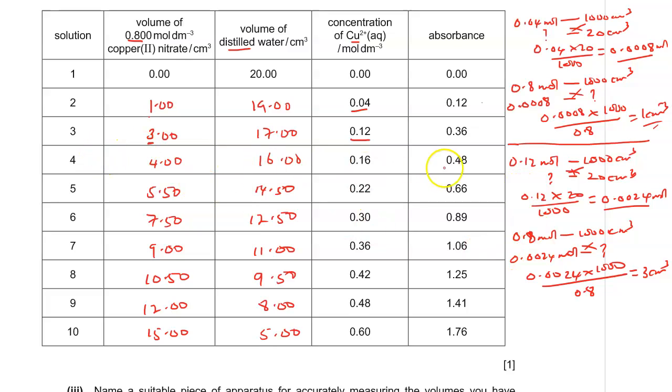Therefore, you work the rest in that way to be able to get the volume of the copper nitrate that is required. Once you get the volume of copper nitrate that is required, you only now subtract 20 minus this volume to get the volume of distilled water that needs to be added. And that's it, how you get these volumes.